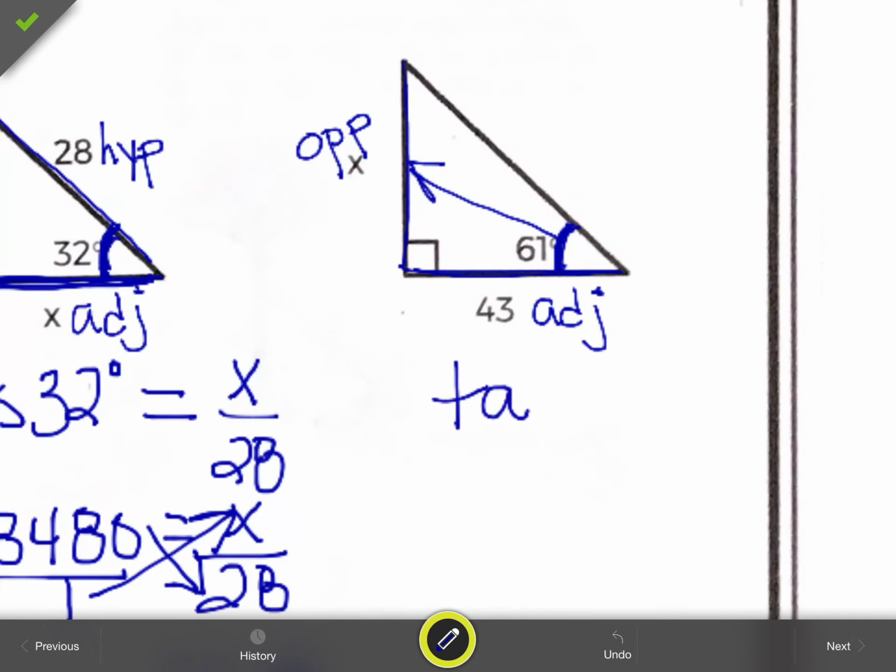So tangent, what's the angle that I use? 61 degrees equals opposite over adjacent. So what did I label as opposite? X. What did I label as adjacent? 43.